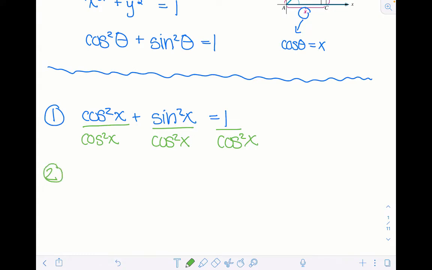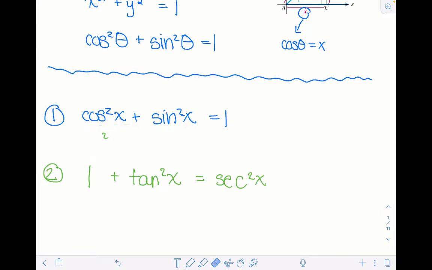Cosine squared over cosine squared is just going to be 1 plus sine squared over cosine squared. Well, if we remember that tangent is equal to sine over cosine, that means that tangent squared is sine squared over cosine squared. And then 1 over cosine is secant, so I'm going to write this as secant squared. That's the second Pythagorean identity.